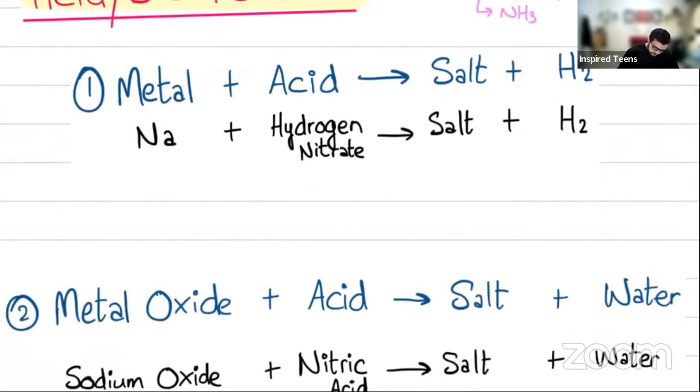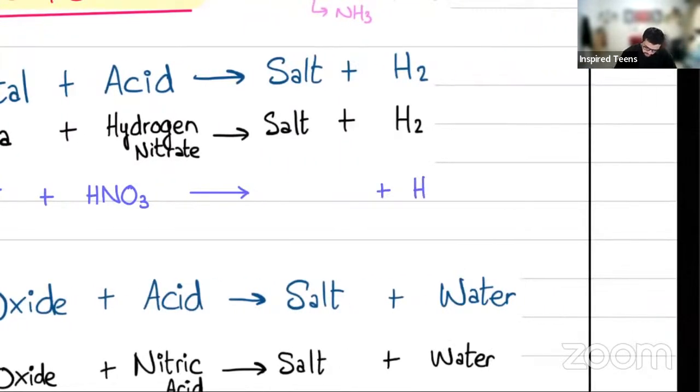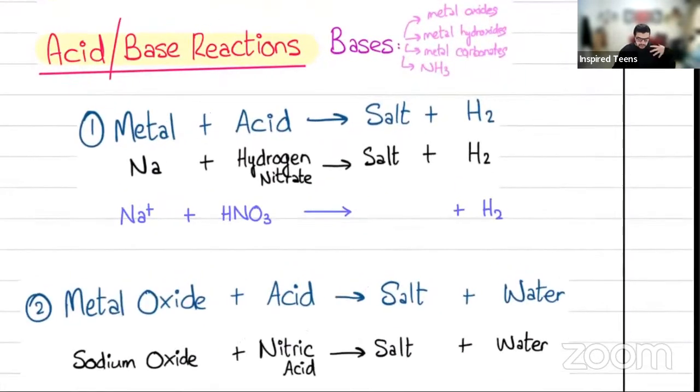A metal, Na plus, the metal ion, plus maybe we can use hydrogen nitrate, HNO3. This forms salt plus H2.